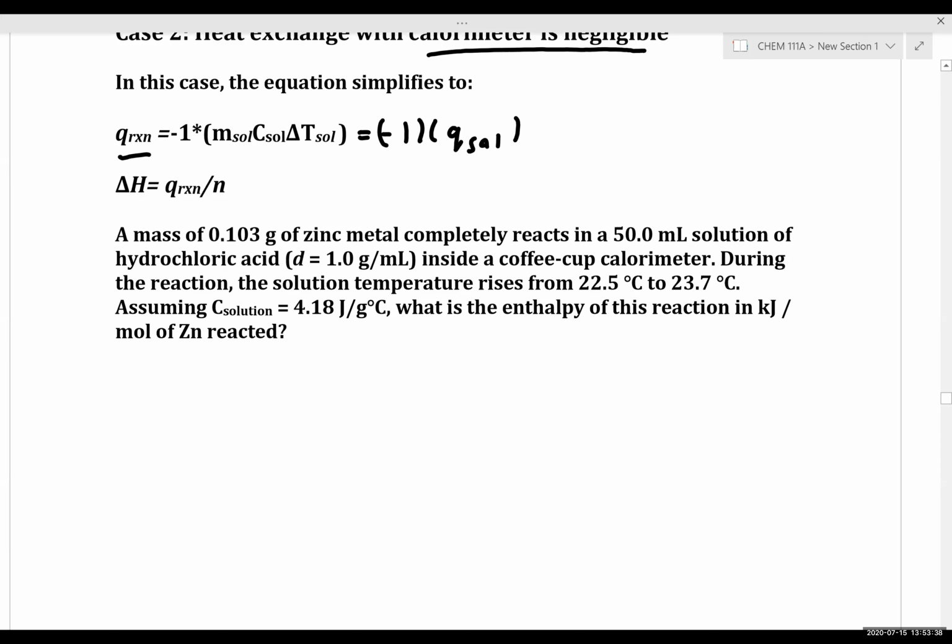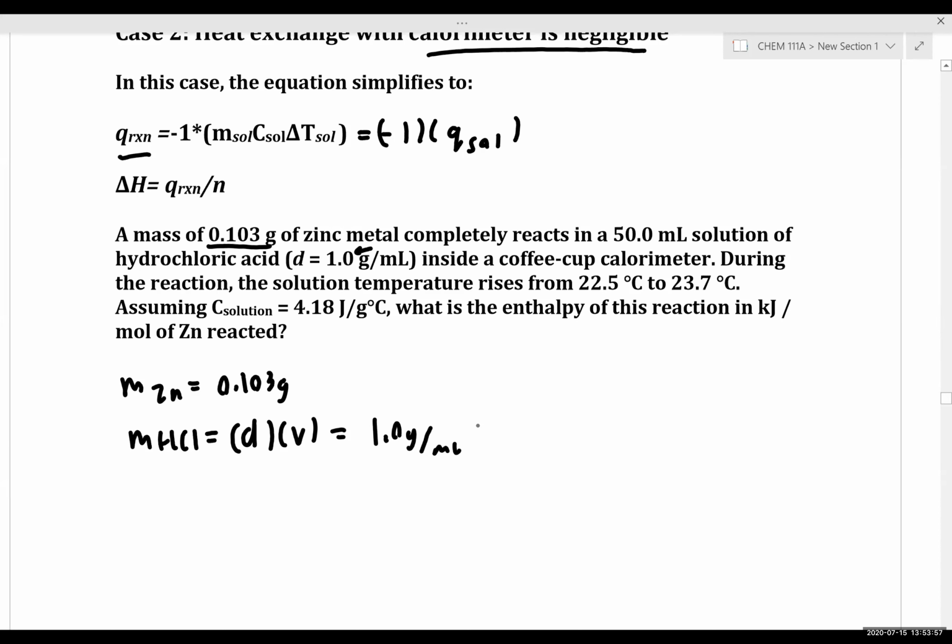So in this case, we have a mass of 0.103 grams of zinc. The mass of hydrochloric acid is going to be equal to the density times the volume. If we know the density, we just take 1.0 gram per mL times 50.0 milliliters, which gives us 50 grams.